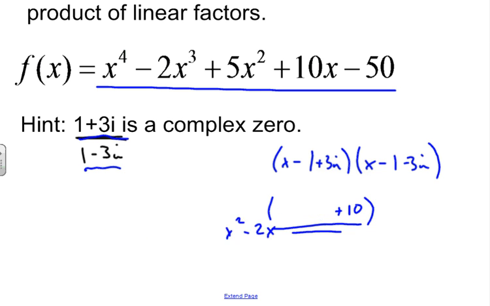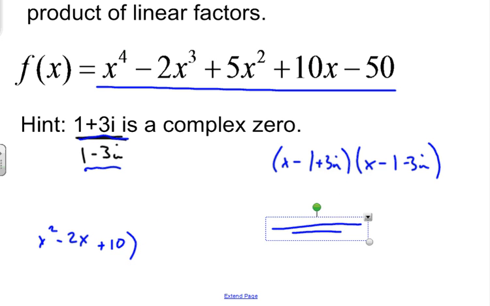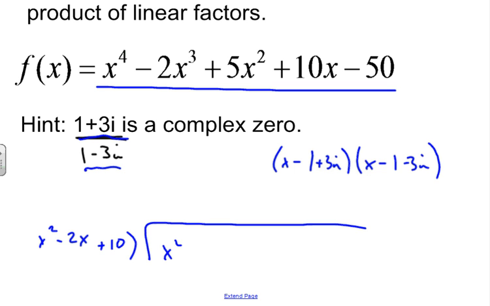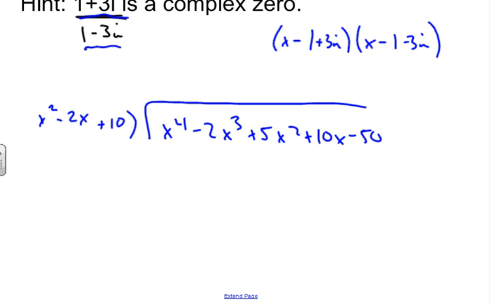I'm going to take this one right here and get rid of this other stuff. Now I'm going to divide that into my polynomial, x to the fourth minus 2x cubed. So from here, we're going to divide this through.